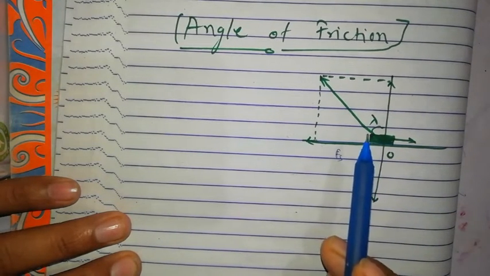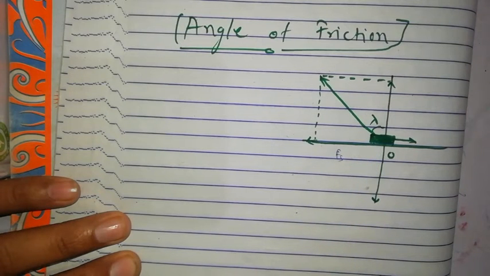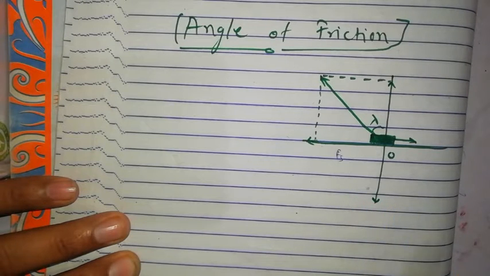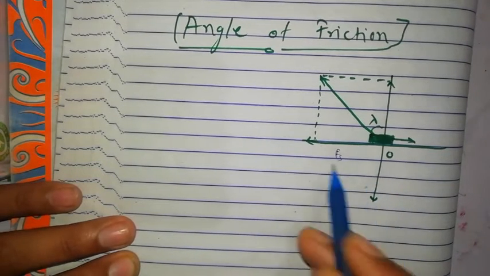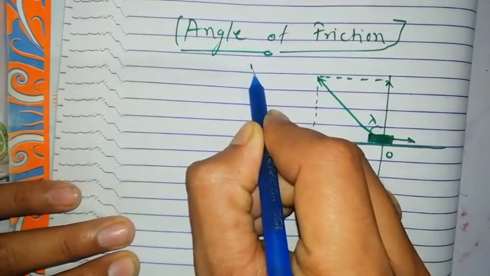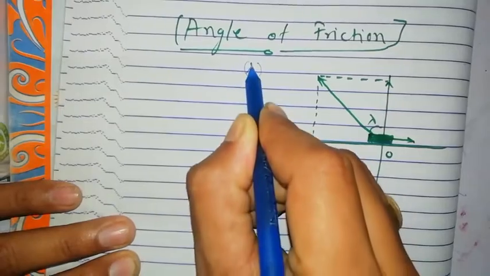The angle subtended by the resultant of the normal reaction and force of limiting friction, that means force of limiting friction is Fs, with the normal reaction is called the angle of friction. It is denoted by lambda.